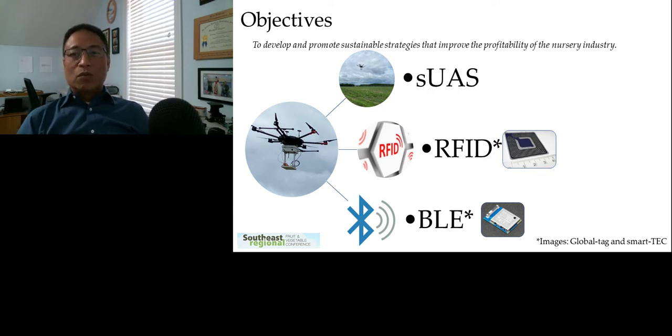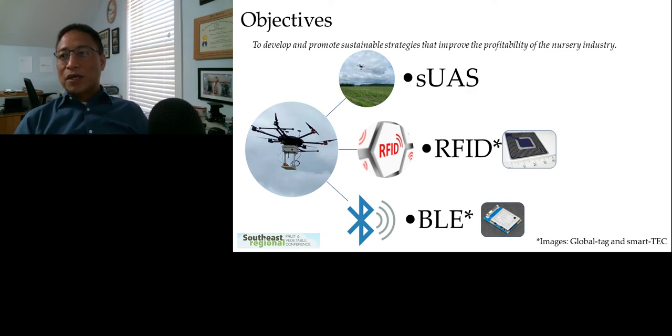BLE, or Bluetooth Low Energy, is a low-power wireless communication technology that can be used over a short distance. Note that this is a powered device, albeit low-powered, and similar to RFID, BLE needs a sort of an interrogator, except that the chip used for the interrogator is exactly the same chip as the one deployed as tags.